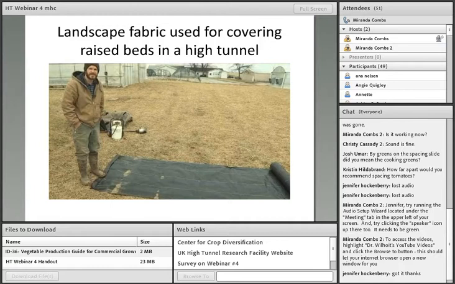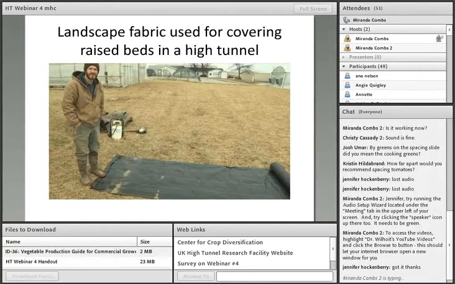So Aaron here has some landscape fabric rolled out in front of him, and as Krista mentioned, they like to use landscape fabric instead of black plastic mulch. There's some good advantages to using landscape fabric, and one thing about the landscape fabric, as Krista mentioned, it can be reused.